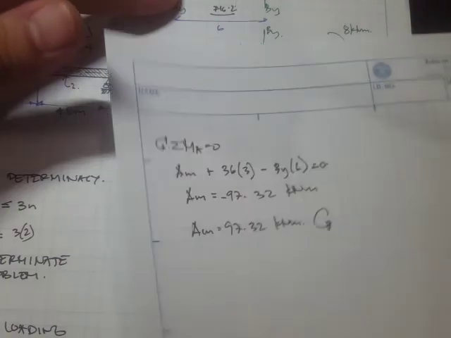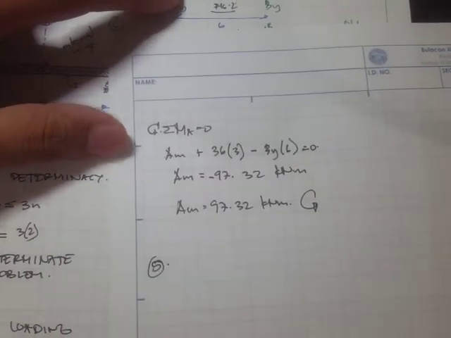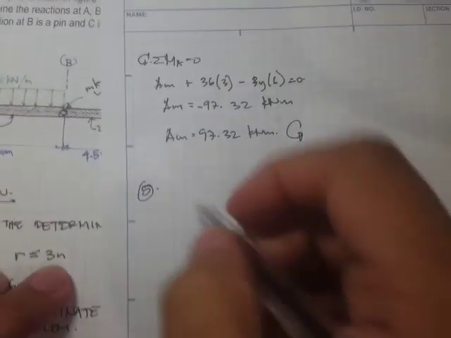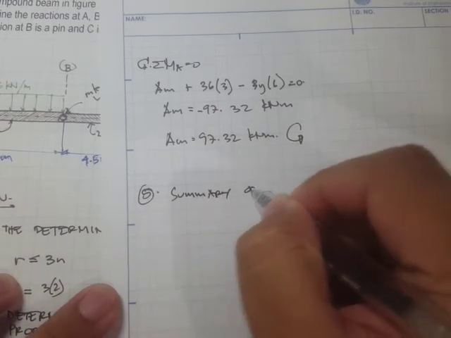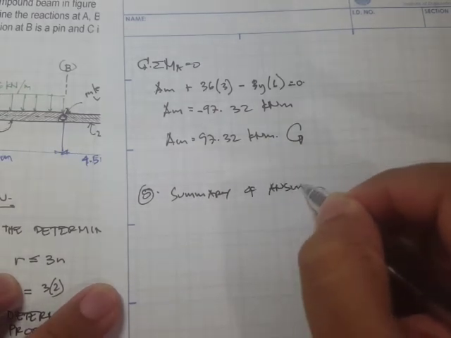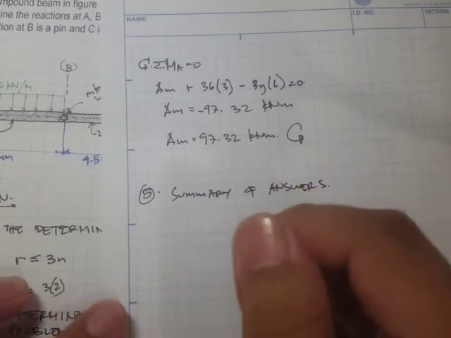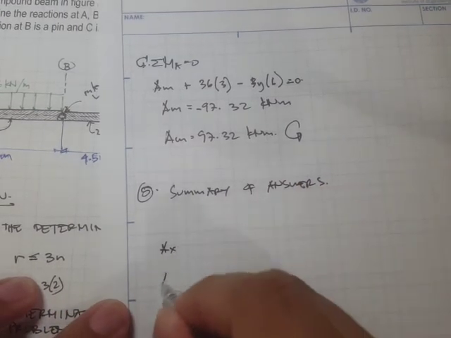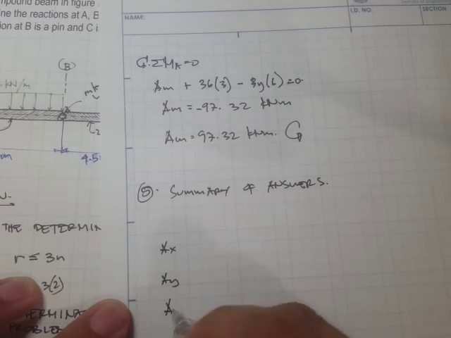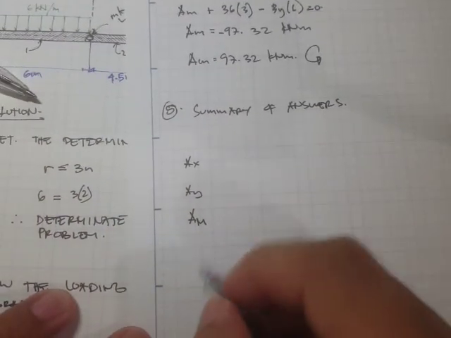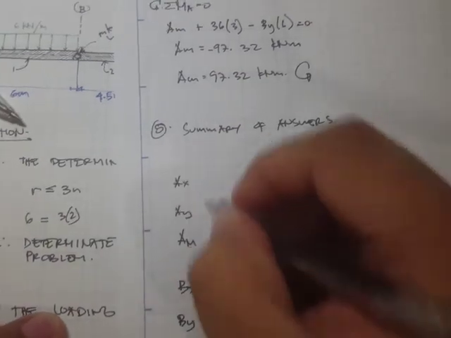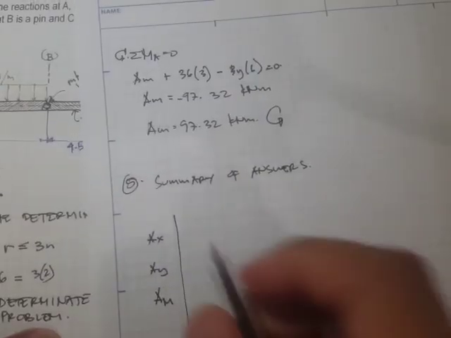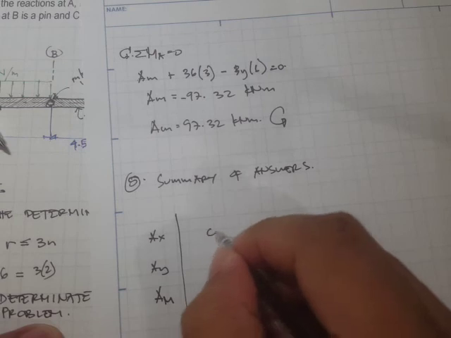Okay, so lastly, we'll do a summary of answers. Right here we have Ax, Ay, and the moment, and we also have Bx, By, and Cy. For Ax, the value is 0.